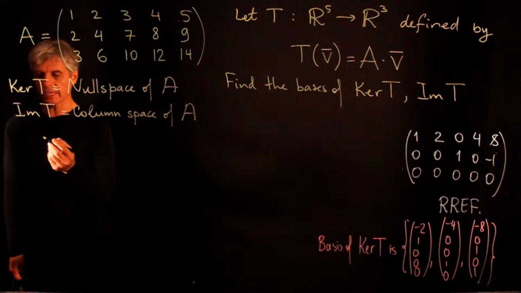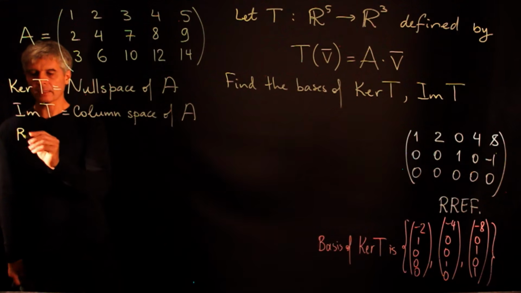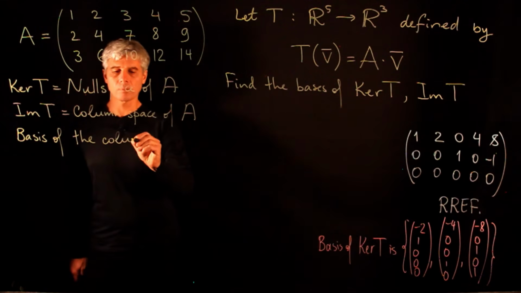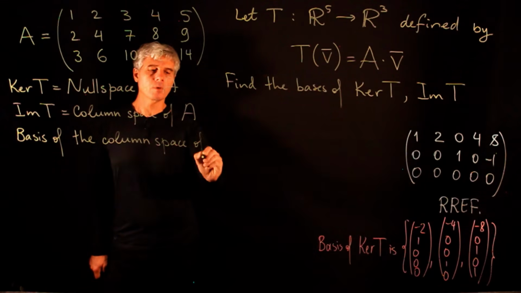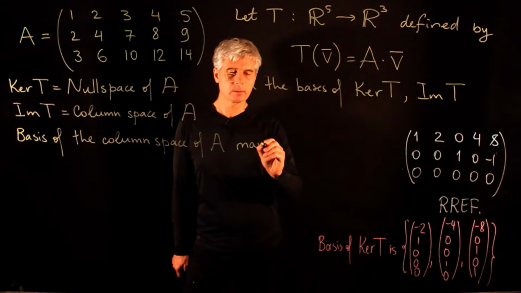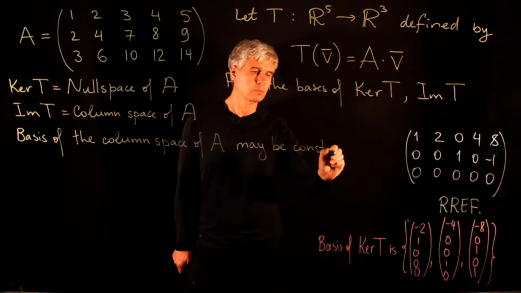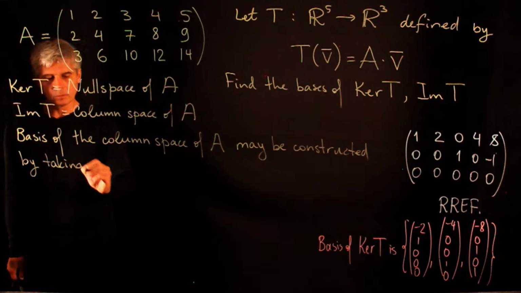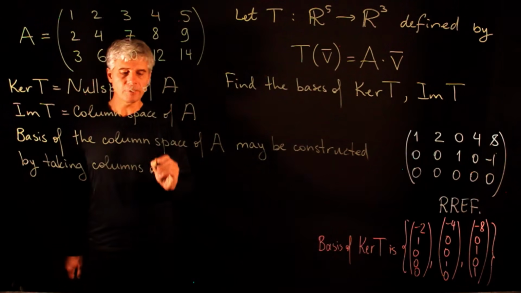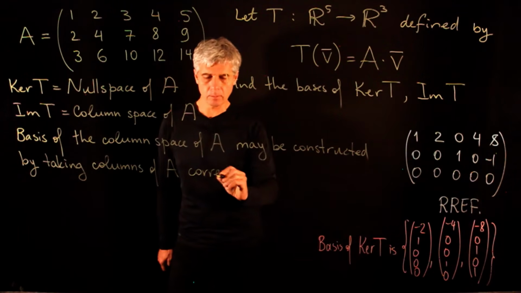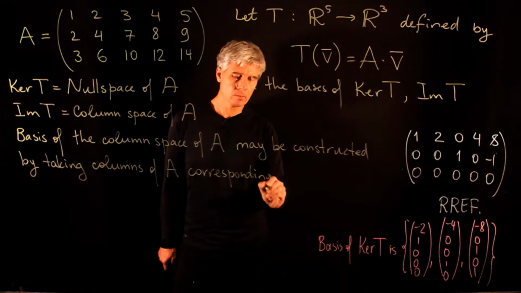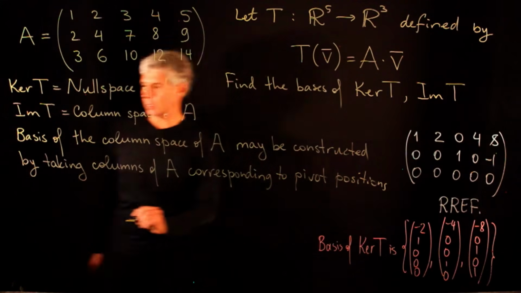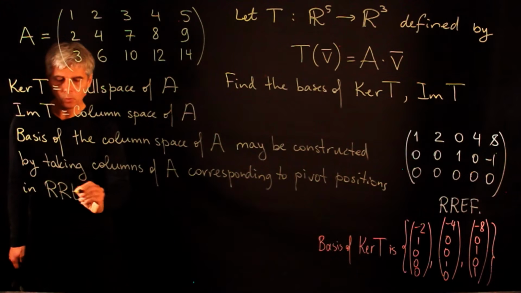We had the following rule, that a basis of the column space of A may be constructed by taking columns of A corresponding to pivot positions in the reduced row echelon form of A.